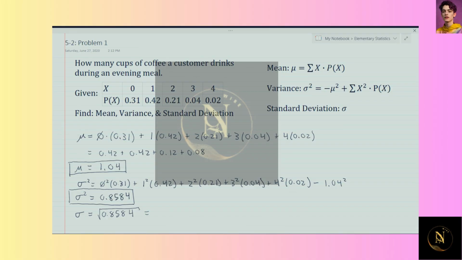We'll do that and say that the standard deviation ends up being 0.92649, and so on. You can go ahead and round that to 0.926. And that is the mean, variance, and standard deviation of this data.